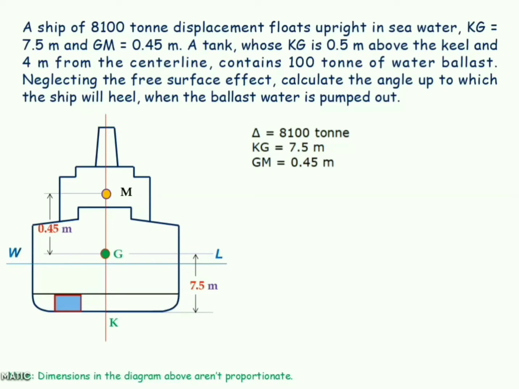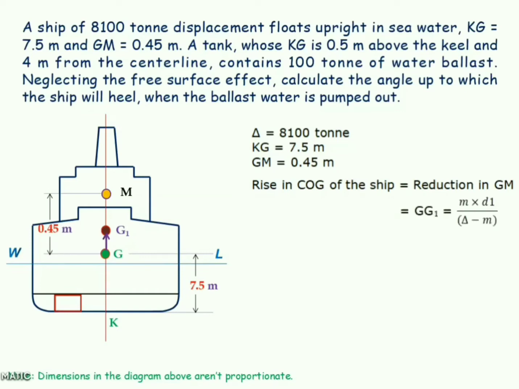As we are removing the mass from lower regions with respect to the ship's original center of gravity, the same would be rising upwards. And this rise in the ship's center of gravity will be equal to the reduction in metacentric height of the ship. It can alternatively be expressed as m into d1 divided by delta minus m, where d1 is the vertical separation between the ship's original center of gravity and the center of gravity of the removed mass.